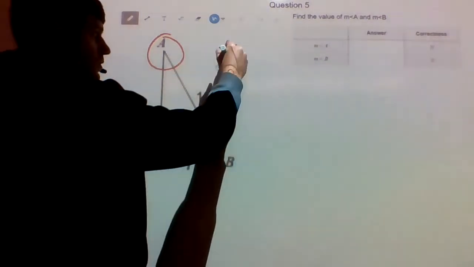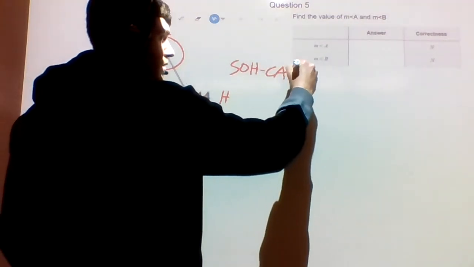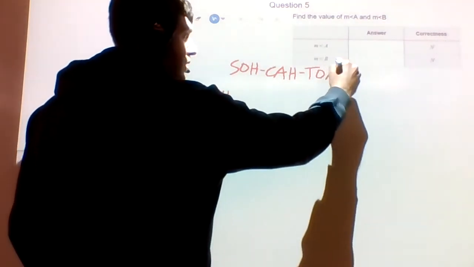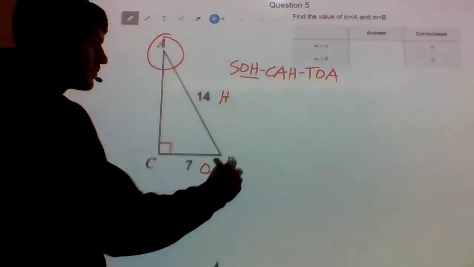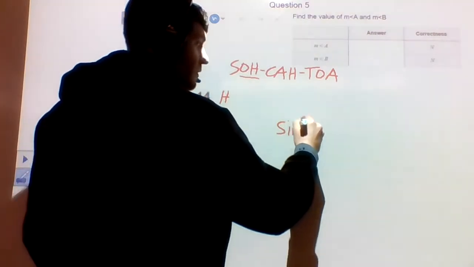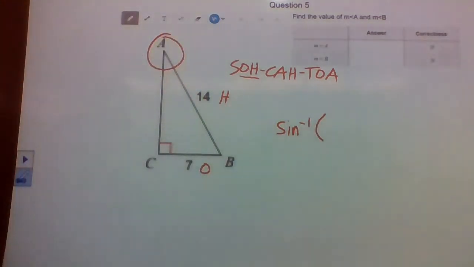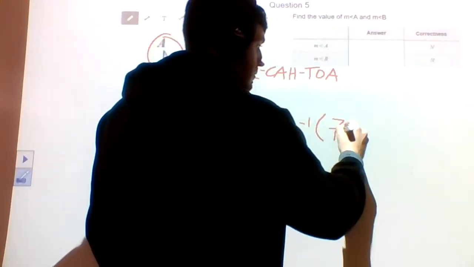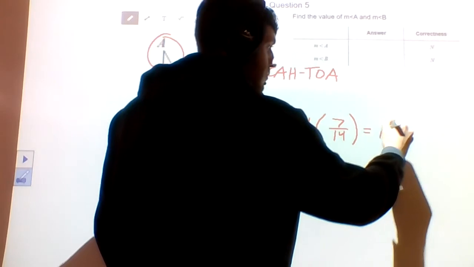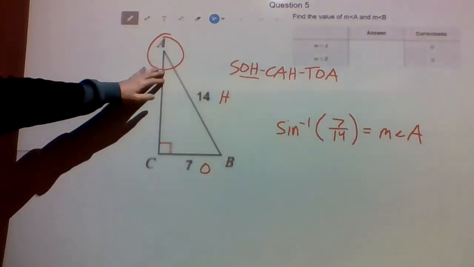So if we're looking at SOHCAHTOA, we have opposite and hypotenuse, so that's going to be sine. We're using inverse sine because we're solving for an angle. So we input the ratio, opposite over hypotenuse, 7 over 14. And that's going to equal the measure of angle A.